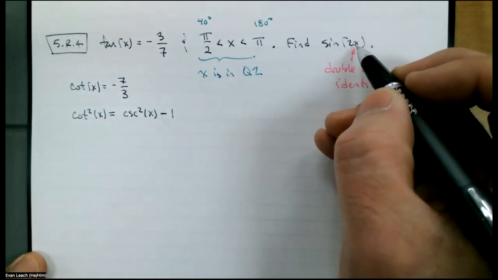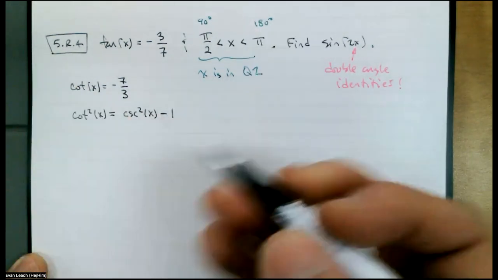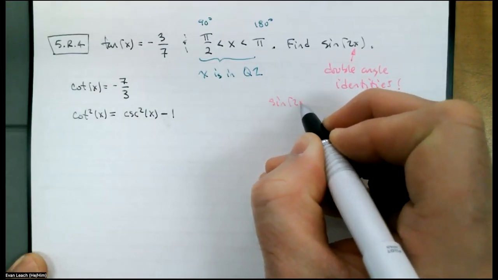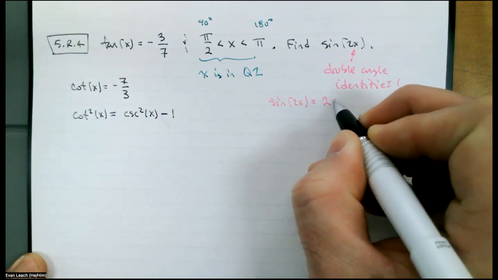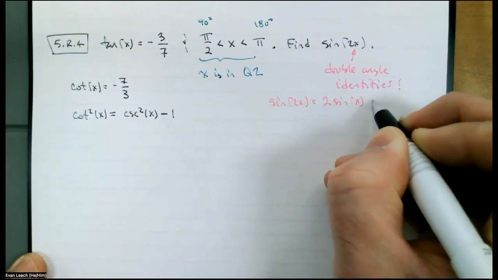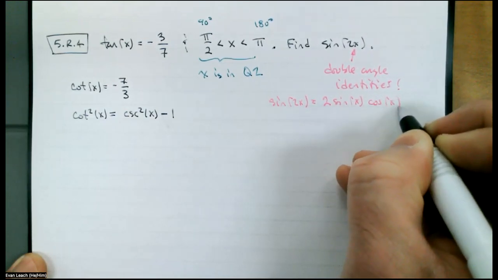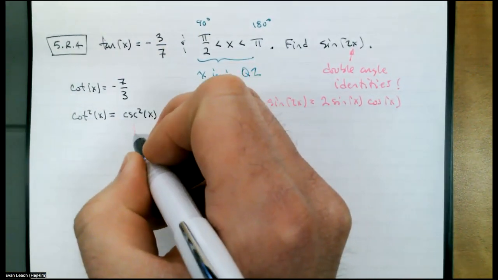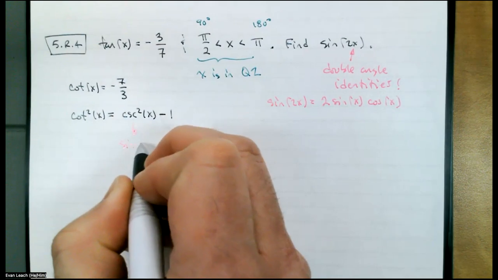Right, so because I had sine of 2x, the double angle identity for sine that we know is that sine of 2x equals 2 sine x times cosine x. So this we could use to get sine of x.